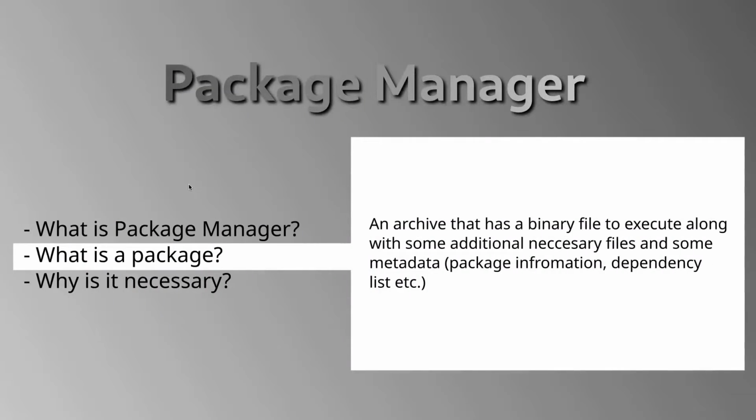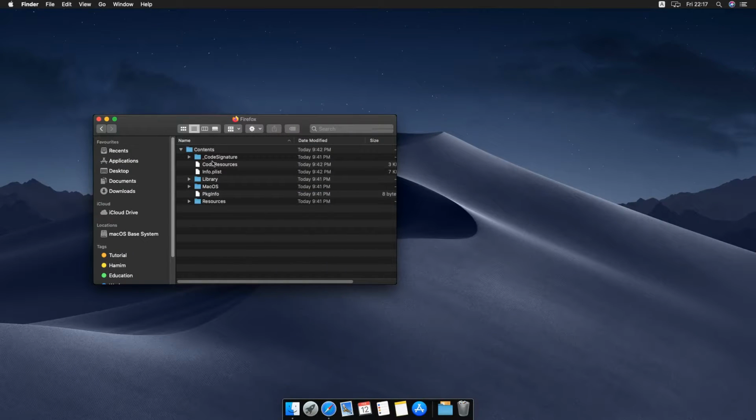So here, a package has one or more binary files to execute along with some additional necessary files. The folders and the files we are seeing here are the additional necessary files. Then where is the binary?